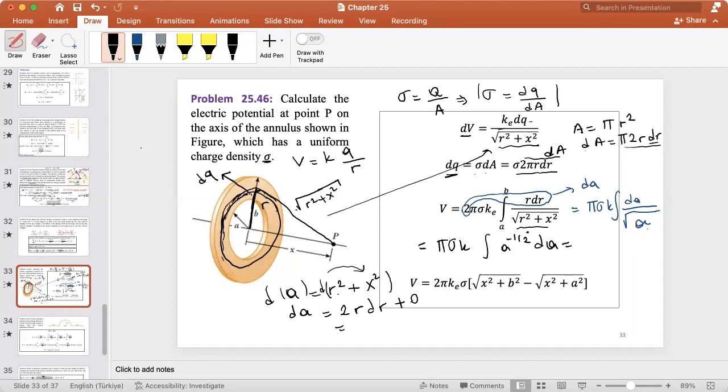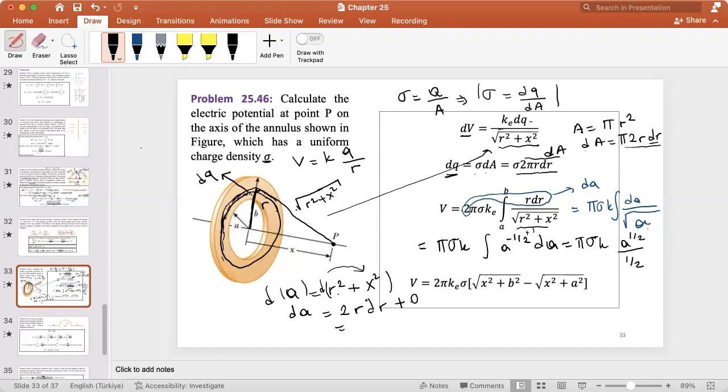Of course, you add 1 to the power and divide by this number, and then your result returns A to the power 1 over 2, over 1 over 2.